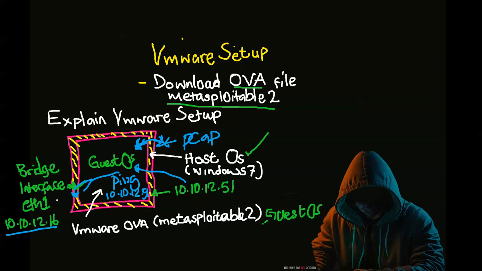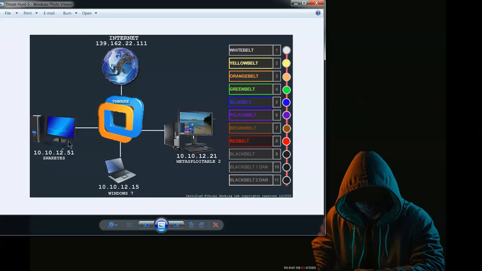Okay, so what we need to do here is clear the screen just to reinforce what we are talking about. I'll get the diagram here. So let's go over a little bit to confirm in our heads what we are doing here. We'll use this diagram.